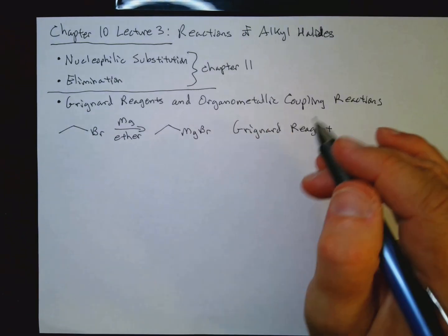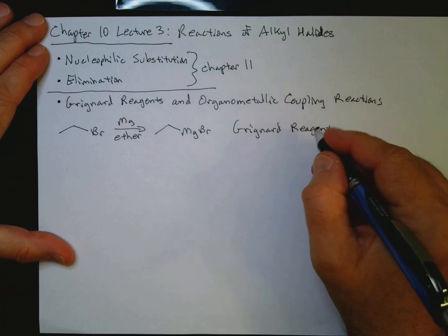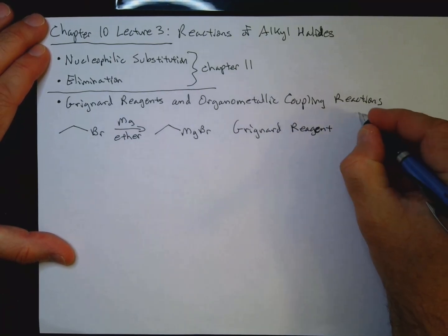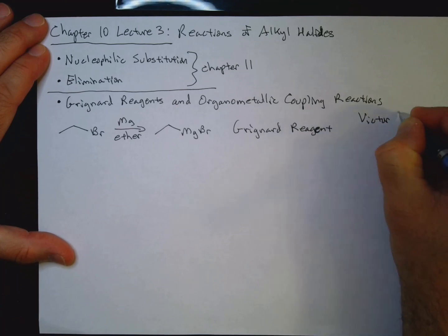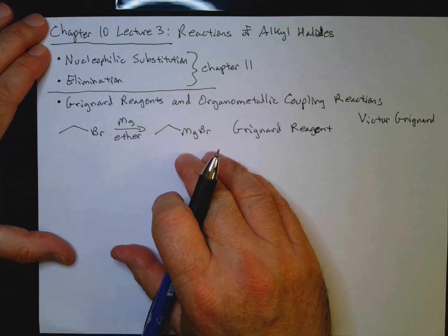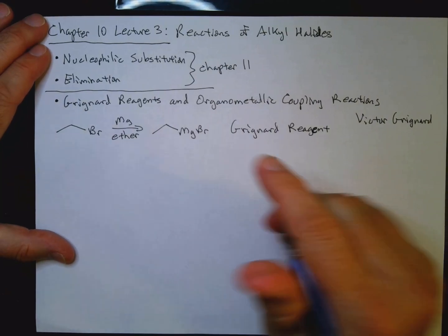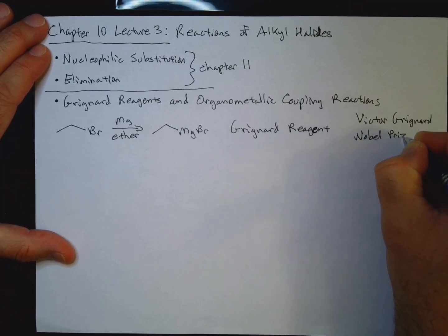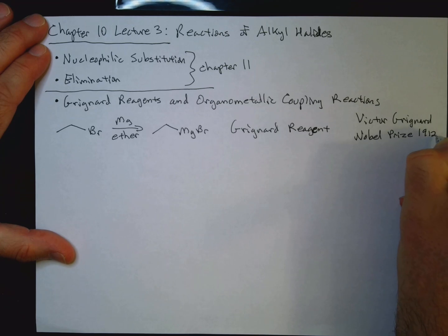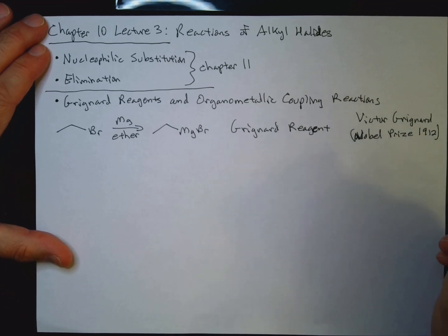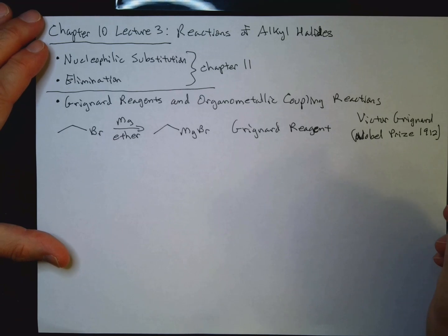And this reaction, the Grignard reaction and the Grignard reagent, are named after Victor Grignard, who did this work on these reagents as his doctoral dissertation, and won the Nobel Prize in 1912. So that'd be kind of cool, to have your PhD thesis win you a Nobel Prize.